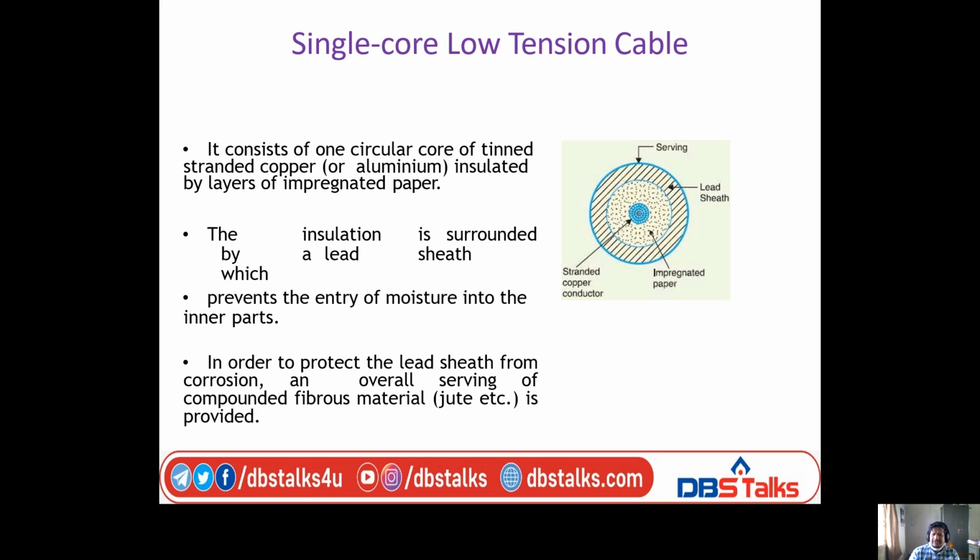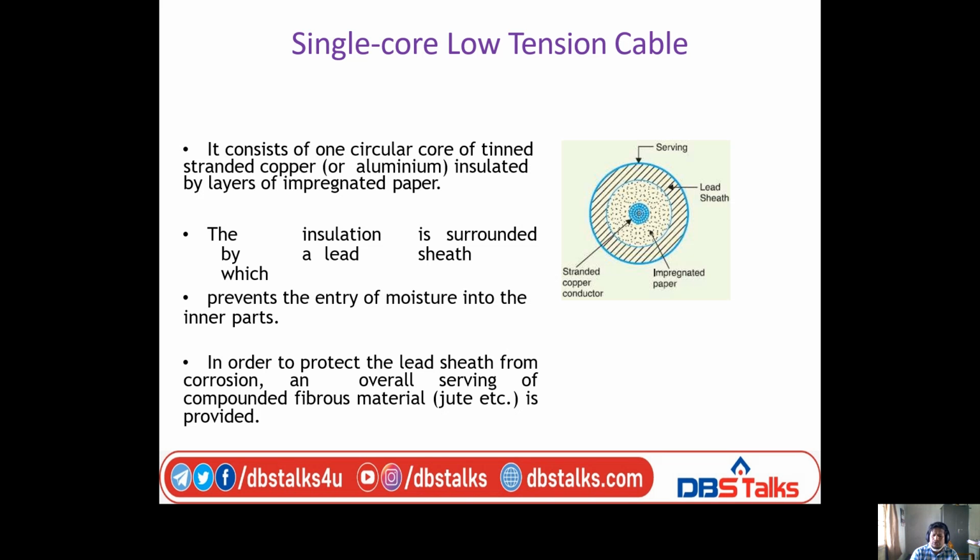This low tension cable consists of a circular core of tinned copper insulated by layers of impregnated paper, and that insulation is surrounded with a lead sheath. Why? Because it is used to prevent moisture from the atmosphere from entering the inner parts of the cable, that is the conductor and insulating materials.